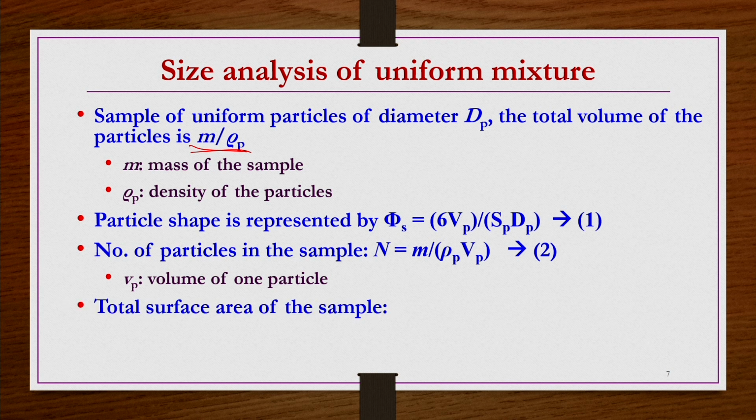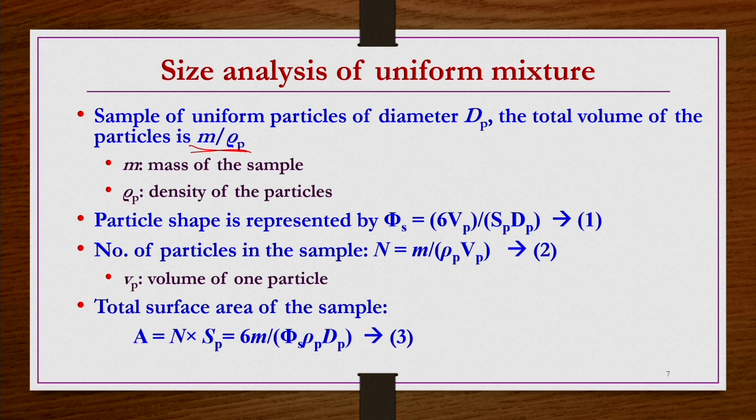The total surface area of the sample would be n number of particles multiplied by the surface area of one single particle. Since this is a uniform mixture, you do not need to worry about changes in surface area from one particle to another, because all the particles have the same size, same diameter. If you know the surface area of one particle, you multiply by the total number of particles and get the total surface area, that is n into Sp.